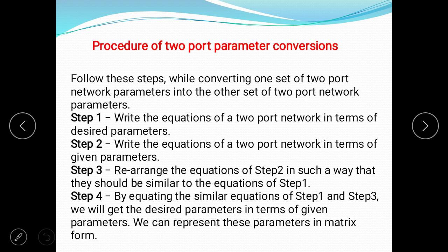In step 3, we rearrange the equation of step 2 in such a way that it is similar to the equation of step 1. In the last step, we equate the similar equations of step 1 and step 3, and we get the desired parameters in terms of the given parameters. We have to follow all these steps.